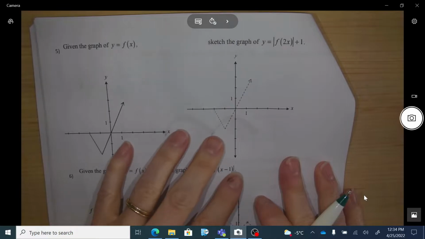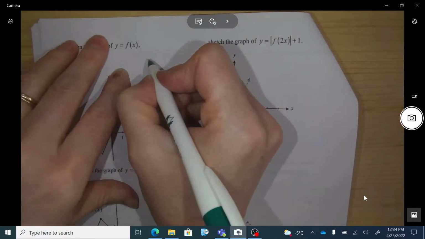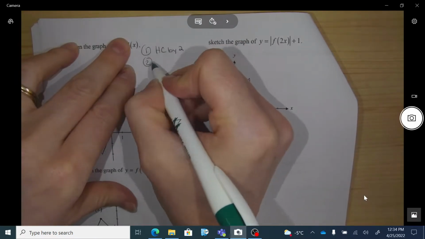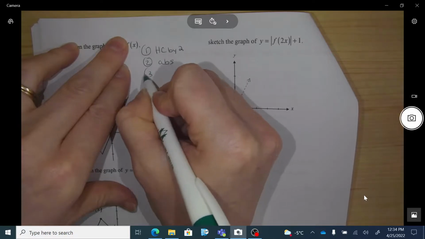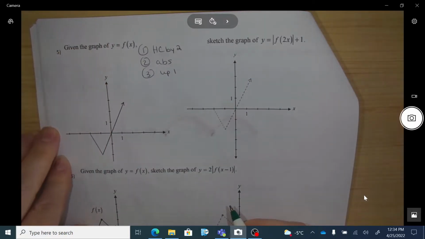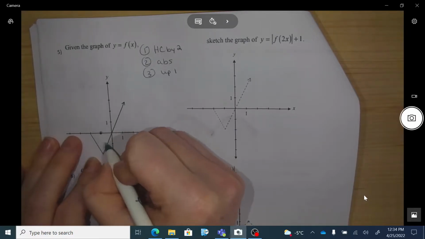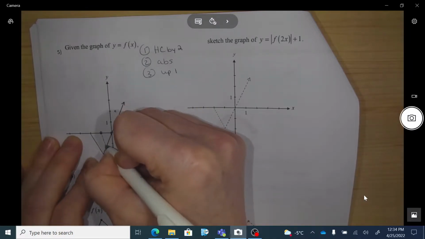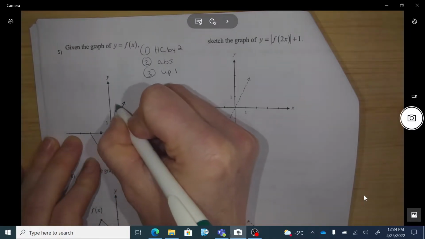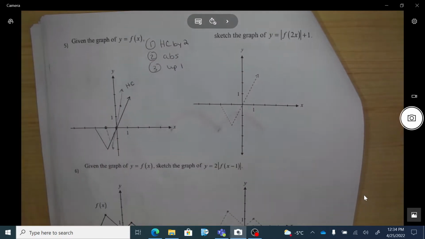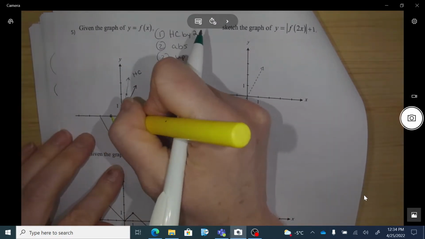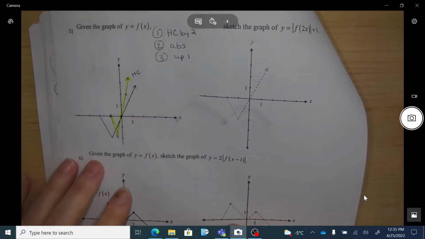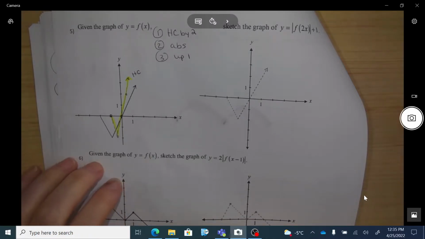Okay, we have to graph this, so we are going to horizontally compress by 2, then absolute, and then we're going to go up 1. Okay, so the points are going to go here, here, stay, and here. So there's my horizontal compress. Now I'm going to absolute that.